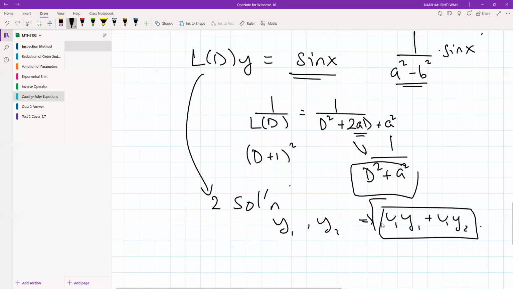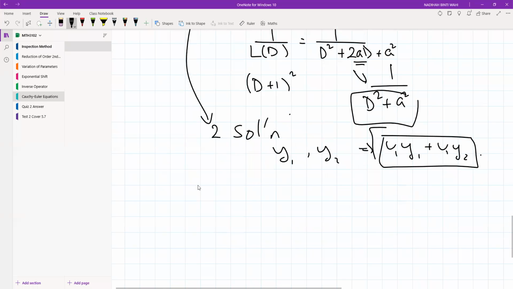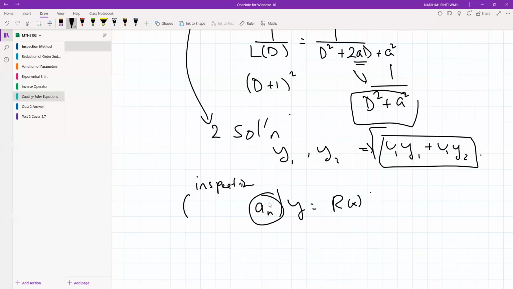Okay, kemudian kalau awak guna apa lagi? Inspection method. Inspection method, awak kena tengok yang last term ni, a of n sama dengan something r of x. So kena tengok kat sini dengan tengok kat sini.